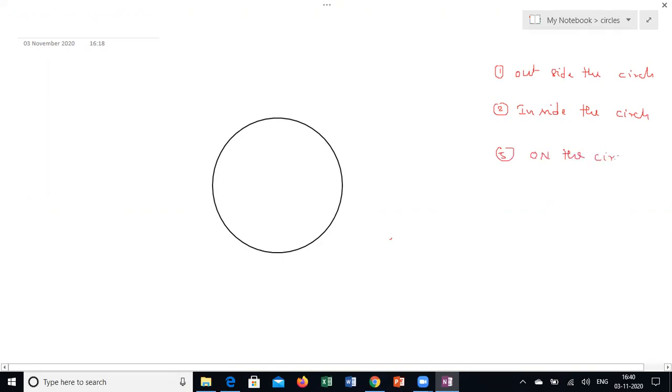So how can we say one point is outside the circle or inside the circle or on the circle? We already discussed this a few minutes back.